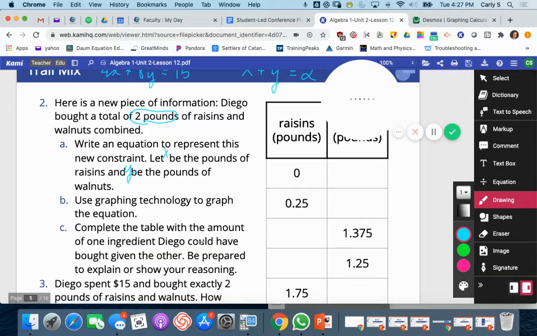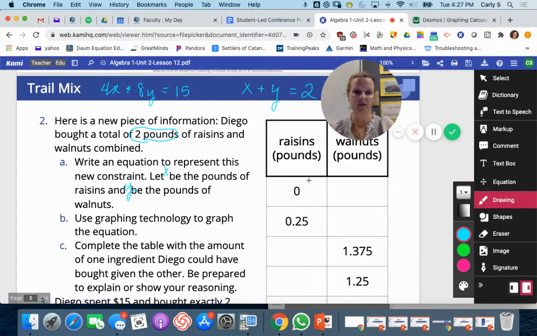So now, if we wanted to fill out this table, we could go over to the graph and click on it. But here, I think we can do this on our own. So raisins and walnuts. If we have 0 raisins, we have 2 pounds of walnuts, because this is just easy addition and subtraction. Everything's going to add to 2.